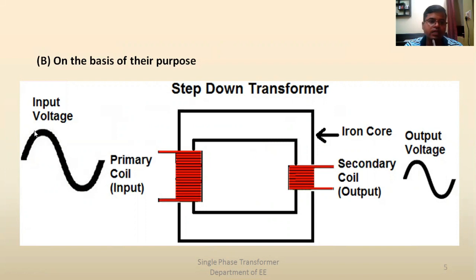So whatever voltage will be here across this primary winding, the voltage available at the secondary or output terminals will be less than this one. So basically it is stepping down the voltage. So that is why this is called step down transformer, okay.